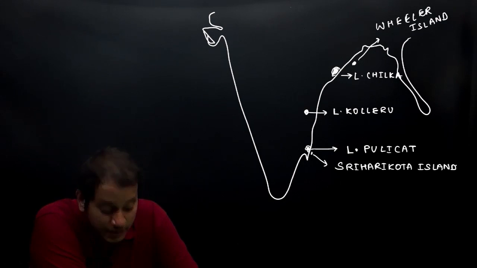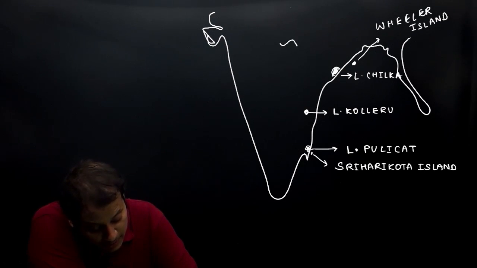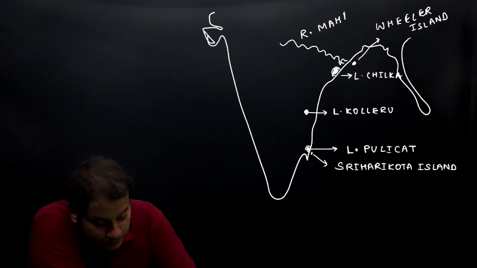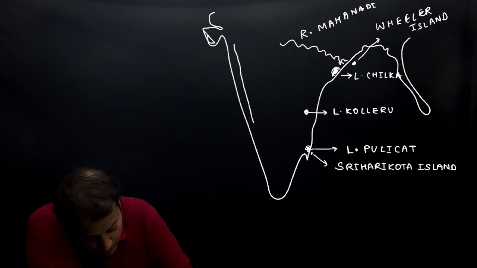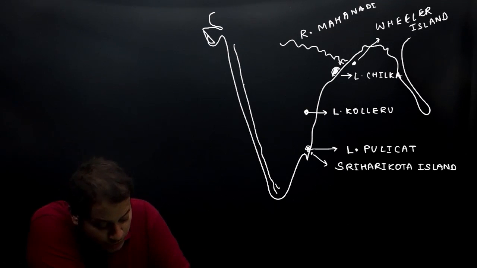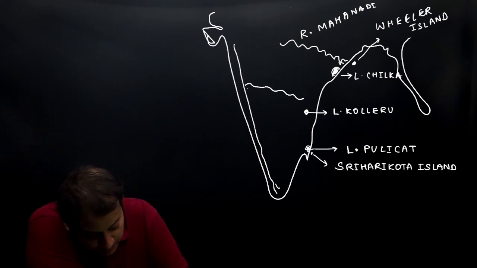What are the important rivers? River Mahanadi is an important river of the Utkal plains. Western Ghats, no need of it, but I am showing you the river Godavari.